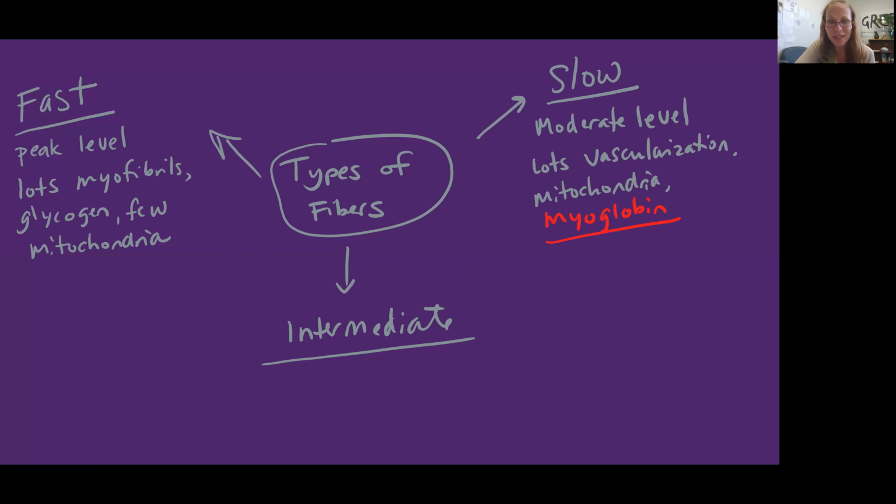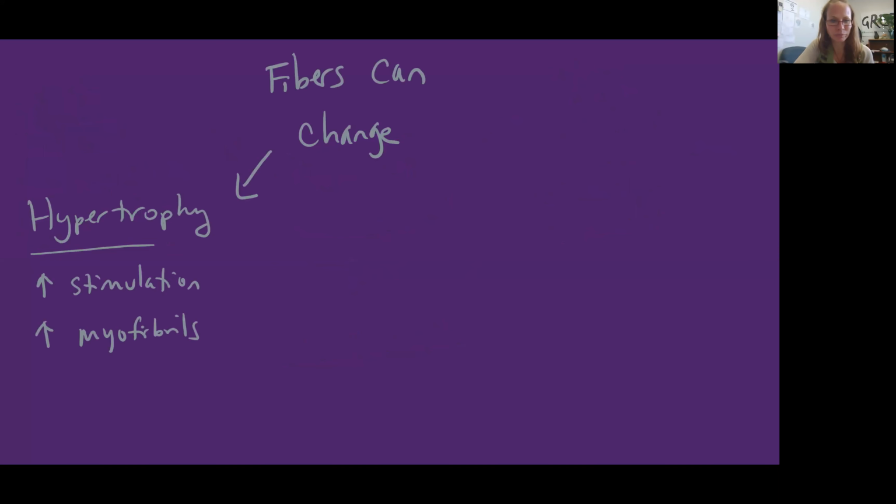If you're doing a combination of activities, if you're doing both peak level and moderate level activities, then your intermediate fibers are going to look kind of like in between both fast and slow. So they're going to have characteristics sort of both. So this is where the training comes into play with changes in our muscle.